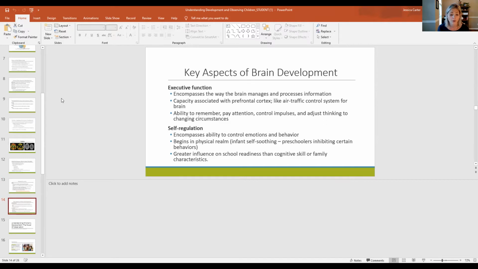So it's really important for us as caregivers, or teachers, or whatever role you're going to find yourself in, to understand cognitive function, executive function, how it relates to self-regulation, and then things that we can do to help children learn to regulate themselves actually are more important in terms of school readiness than maybe other things that we would think would be of the utmost importance.